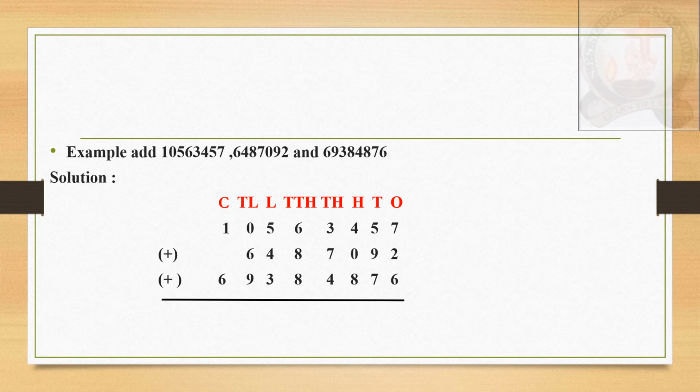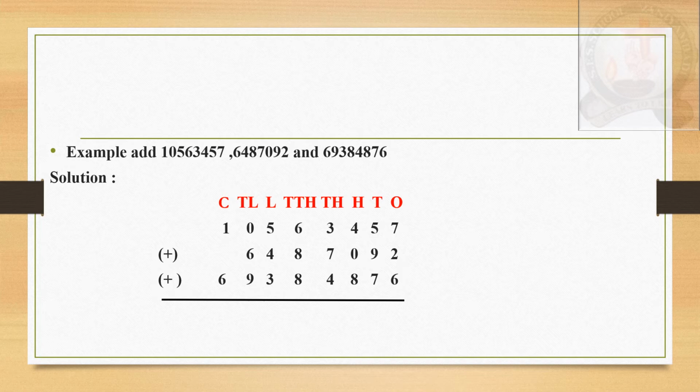Okay, for 15 write 5, 1 carry to the next digit, which is the 10,000 place. Then 1 plus 6 is 7, 7 plus 8 is 15, 15 plus 8 is 23. Okay, for 23, 3 should be written and 2 carry.